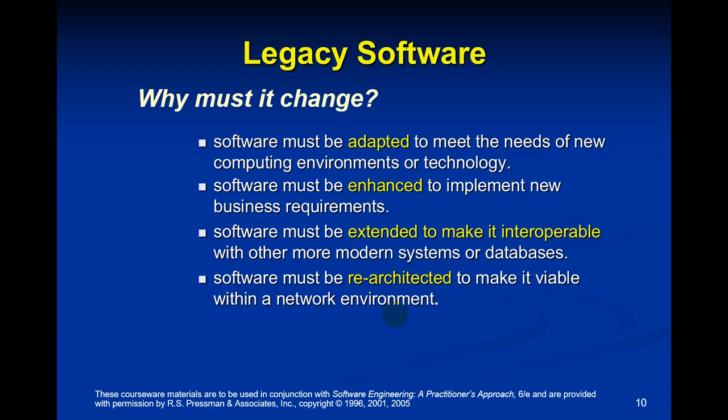So we will re-architect that software so that it may work on a network, and they can talk to each other. So these are the 4 major reasons due to which we must change legacy software whenever there are these 4 kinds of needs, right?